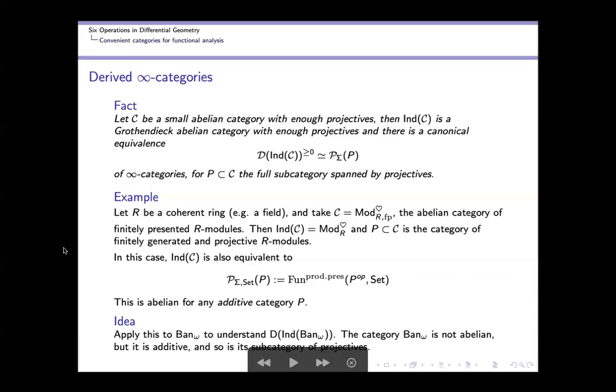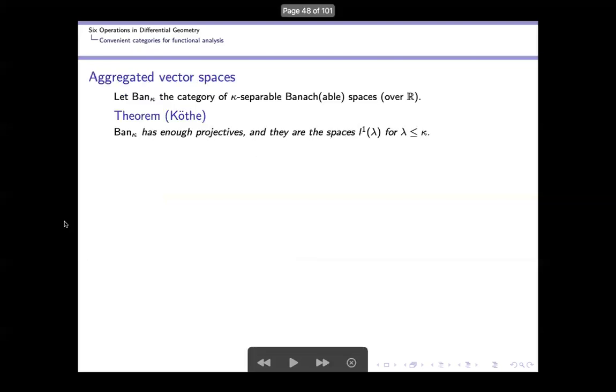Then you have to ask, okay, what if you do this for the category of Banach spaces? What are the projective objects of Banach spaces? And this is a well-known functional analysis fact. This is a classical thing that people figured out in the 60s. So consider the category of Banach spaces, and here I put a little kappa. Kappa is a cardinal that bounds how many Banach spaces we take.